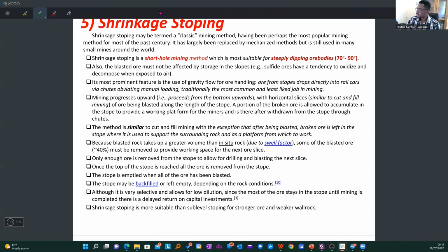So with the shrinkage stopping, we do our development as usual. After we have created all accesses and designed how we are going to tackle the ore or the deposits within the various stopes or the blocks we have sectioned to take the ore from, we get in there and we work overhand.